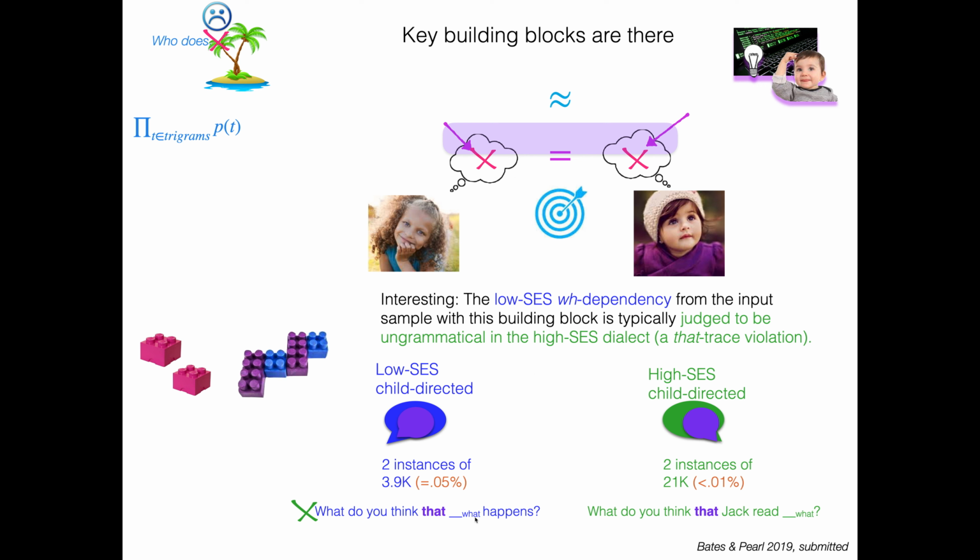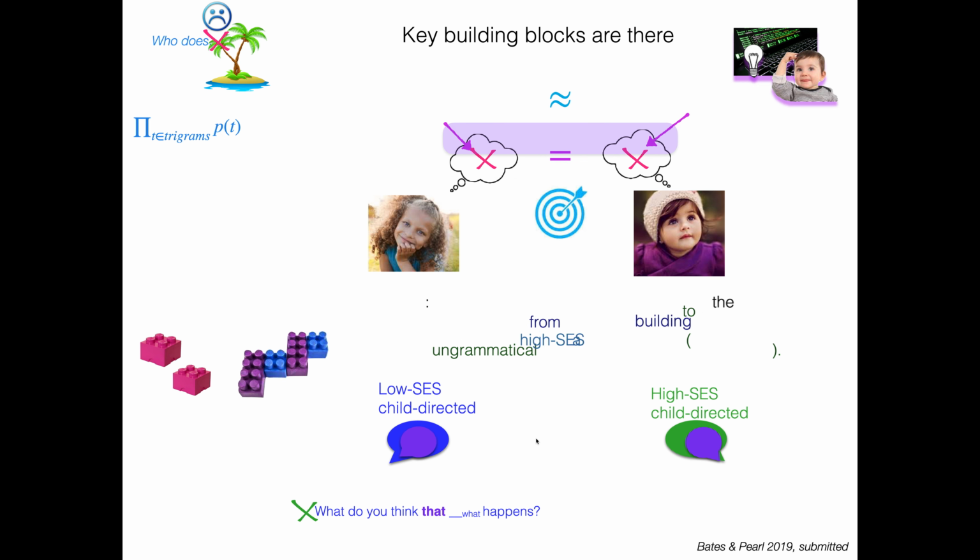What do you think that happens? Which is actually judged to be ungrammatical, typically, in the higher SES dialect. It's called a that-trace violation. Higher SES speakers tend not to like it. But that seems to be the primary way that lower SES kids, from our sample, are getting exposed to that building block that involves complementizer that.